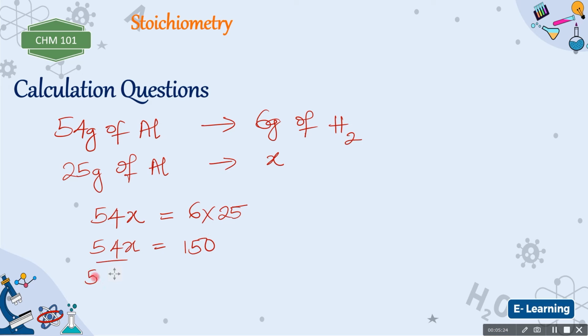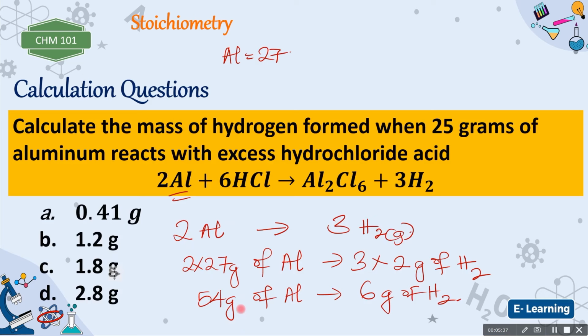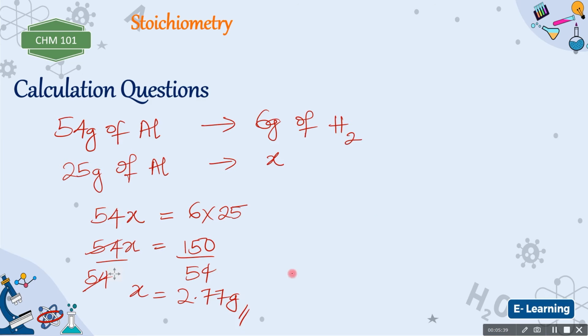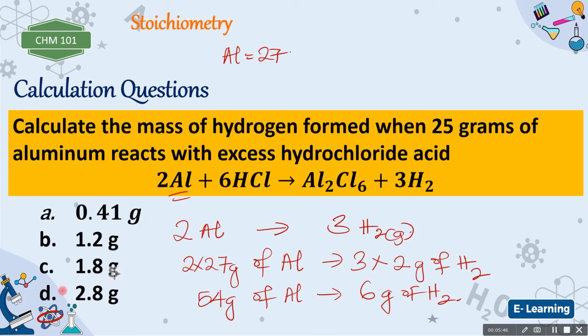So divide both sides by 54. Our X, 150 divided by 54, will give us 2.77 gram. So the correct answer to this question is 2.77 gram, which is approximately 2.8 gram. All right, and that is option D.